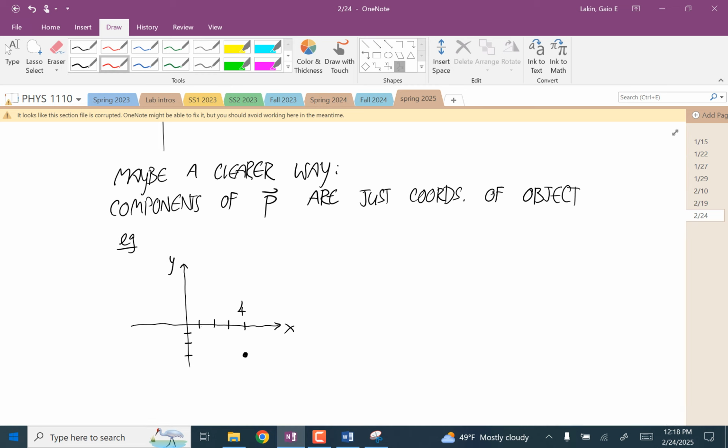We're lined up with these that I put down. What are the coordinates of that object? 4, -3. And so that means that the position vector of that object at that instant is 4, -3. Just the coordinates of the object.